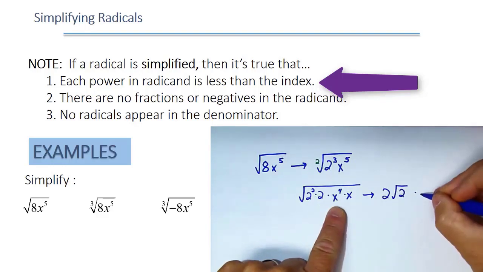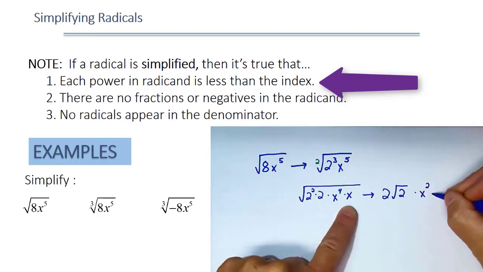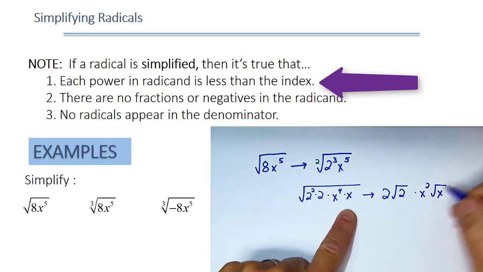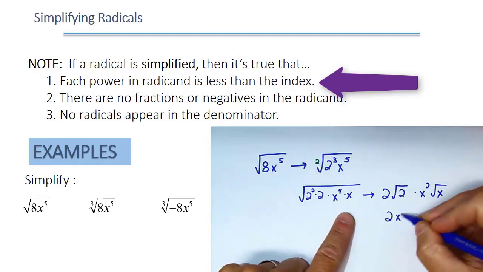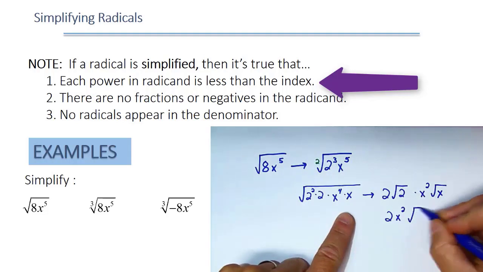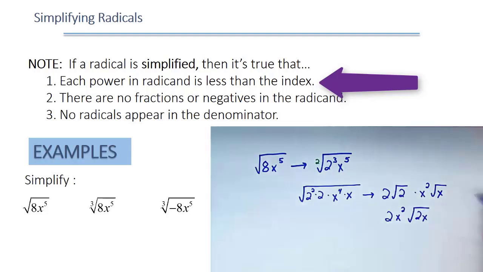And the square root of x to the fourth is x squared, and we'd be left with the square root of x. So when we simplify, the 2x squared comes out in front, and we're left with the square root of 2x. That is simplified because the 2 and the x each have an exponent of 1, and that's smaller than your index. So that is simplified.